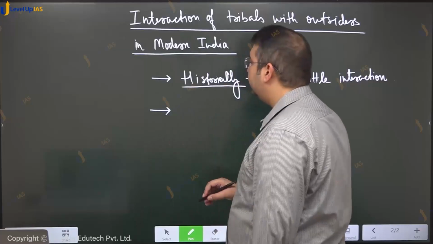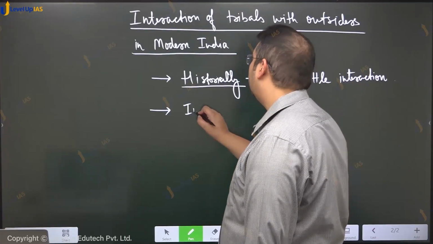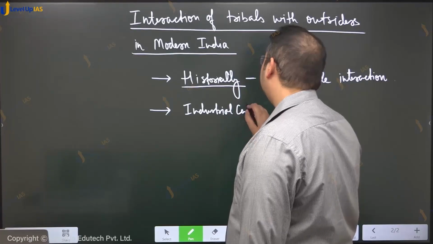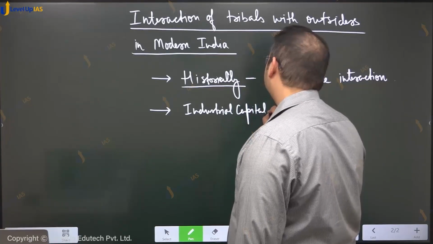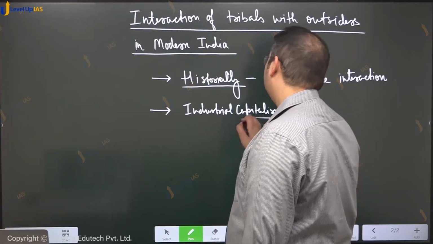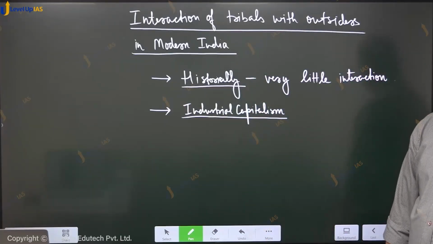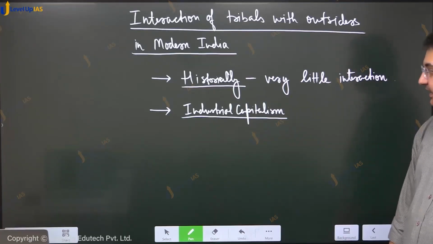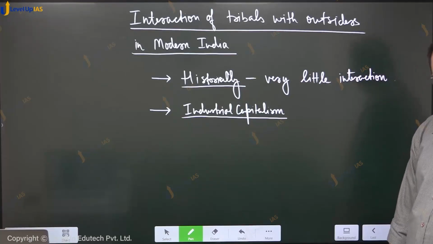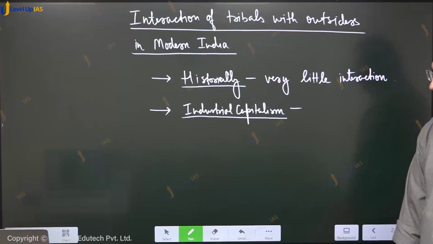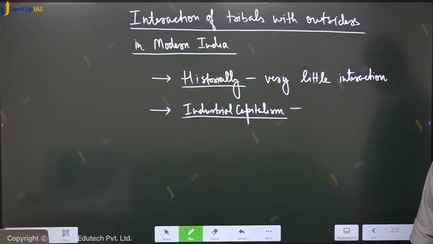It is only with the advent of industrial capitalism that the mainstream society and the state were incentivized to penetrate into the tribal areas in the hilly regions, forests, and deserts and interact with the tribals openly. Why? Industrial capitalism created several demands.